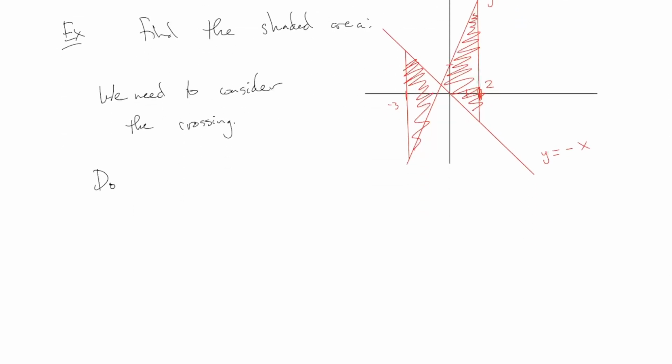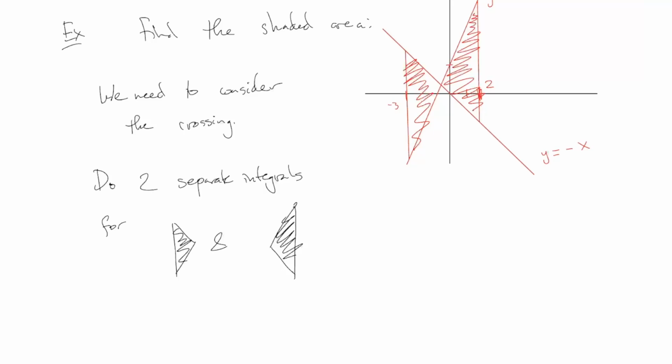So we're going to do 2 separate integrals, for this side and this side. You have to do it separately because the bigger versus smaller changes from one to the other, so you can't just do it as one whole integral across the whole range.